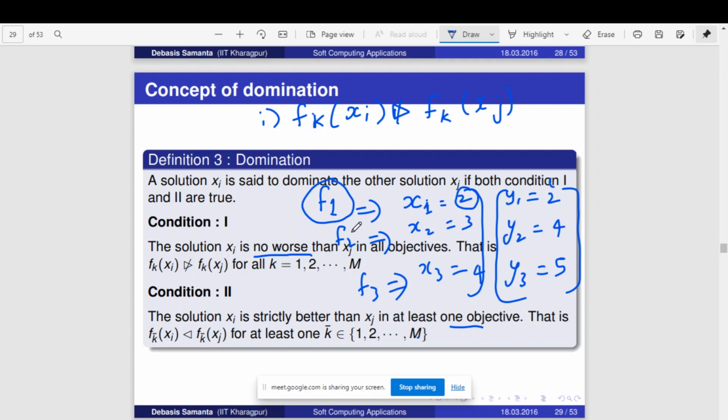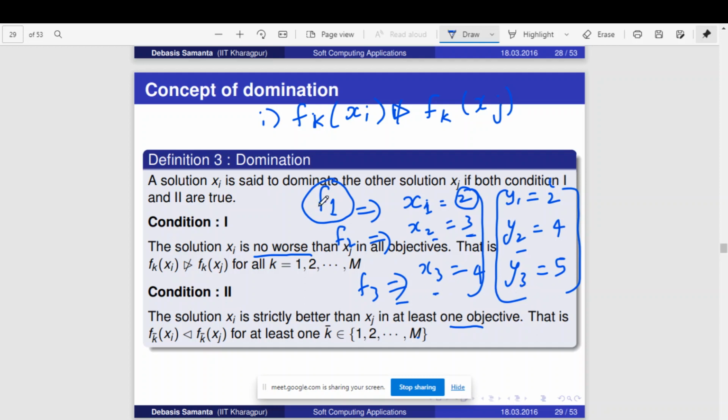Whereas in the second case, the objective is to minimize. So here x2 is better than y2. In the third case, x3 is better than y3.